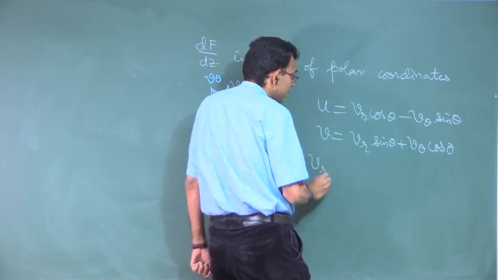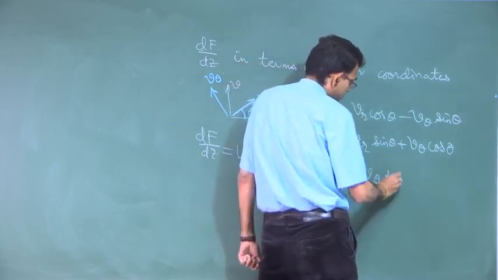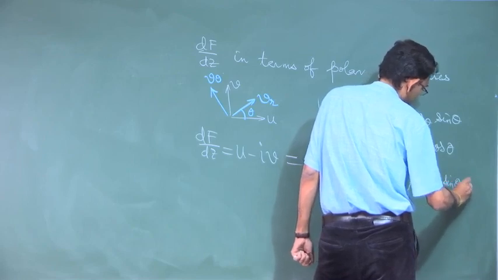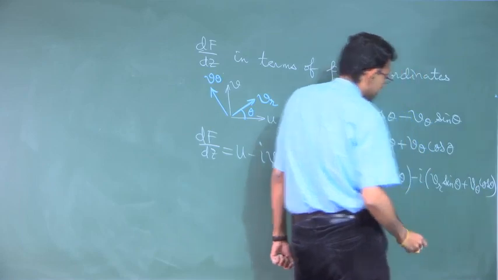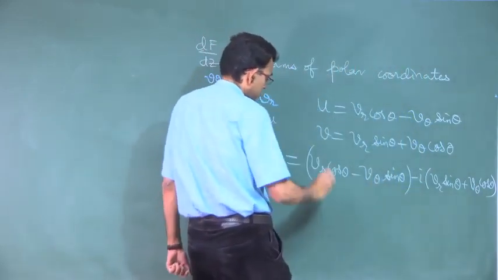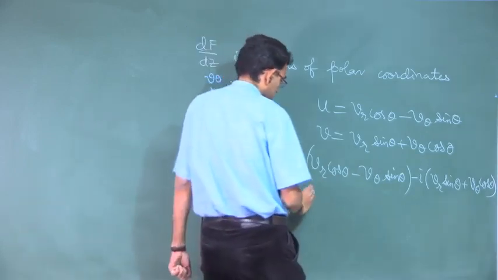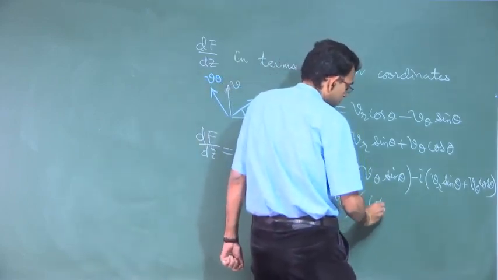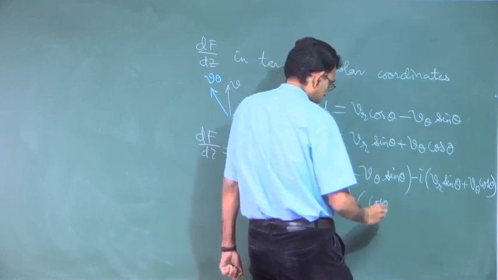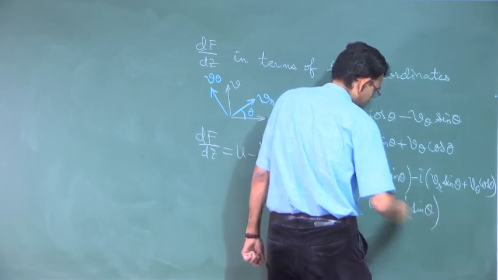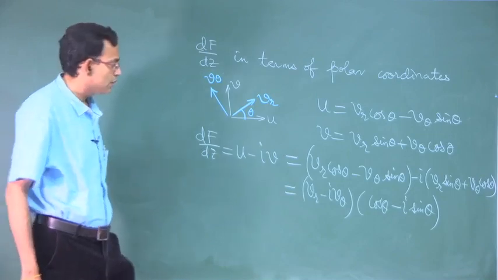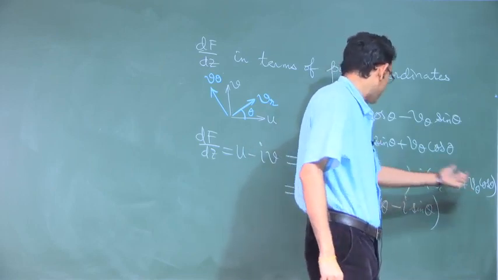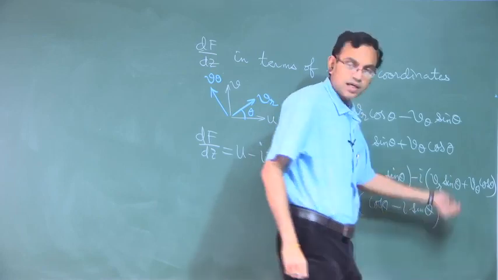So, it is Vr minus i V theta, if you take it as common, it will be cos theta minus i sin theta, right.